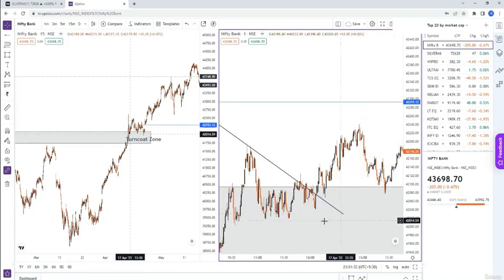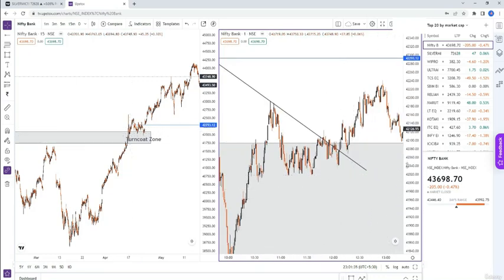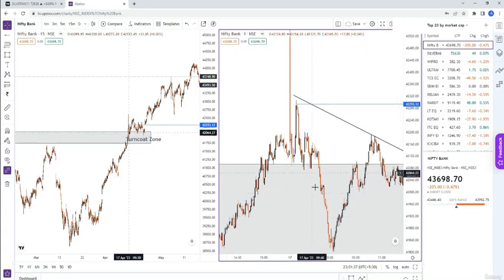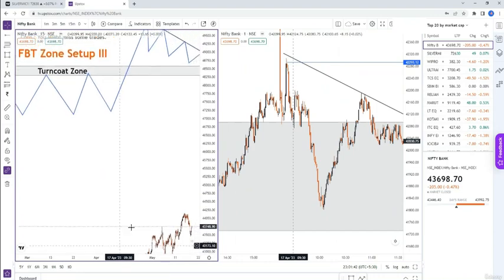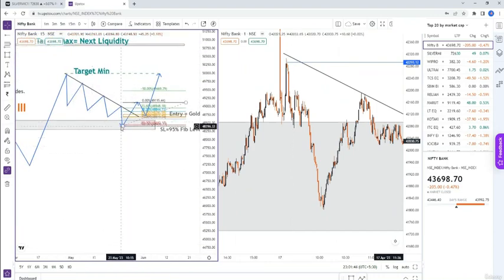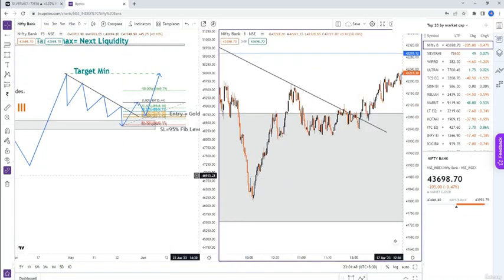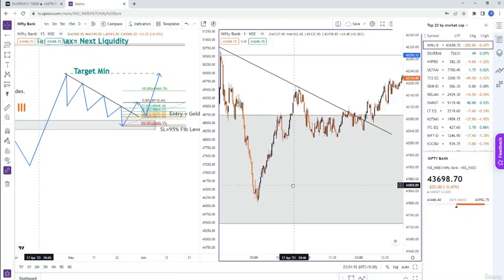But now here you have to see, when the market is coming into the zone, it always has to make the structure like this. It has to go up, break the structure, out of the zone, and then when the structure is broken, you draw the Fibonacci. So you see the structure is broken right here.